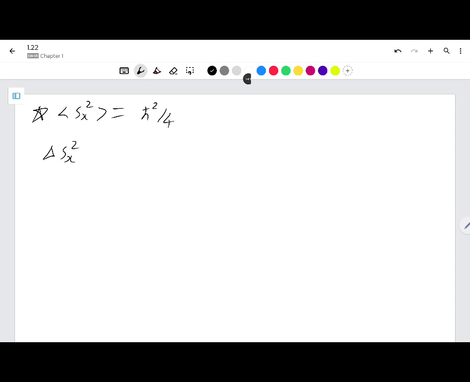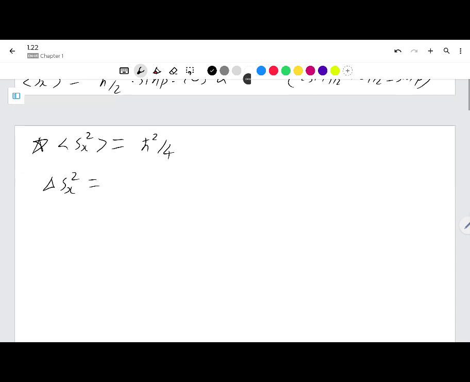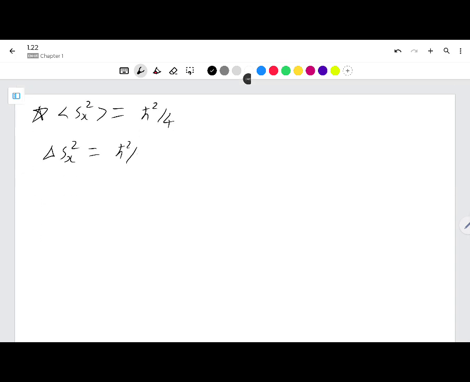Squared, the h bar squared by 4, h bar squared by 4, and sin square beta cos square alpha. Yes. And cos square alpha and sin square beta.